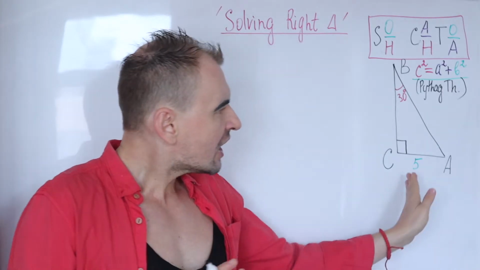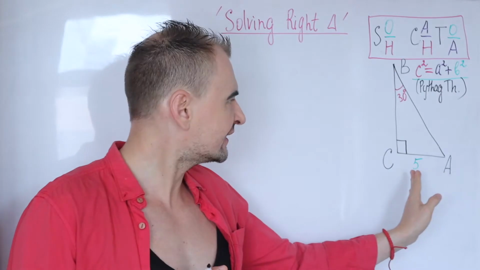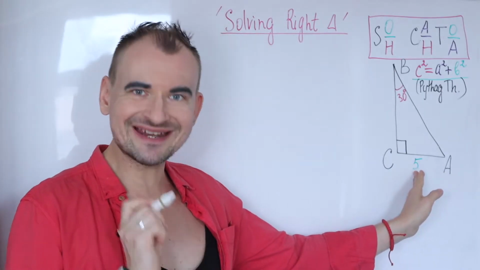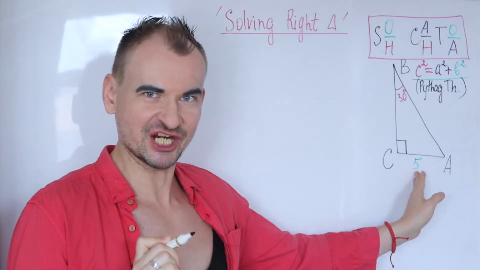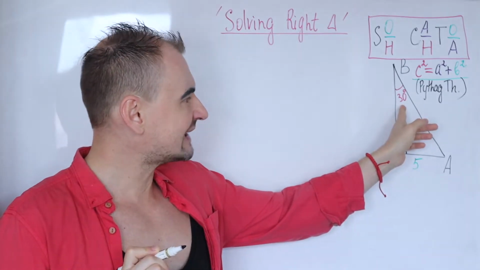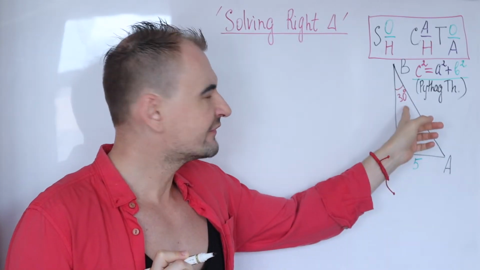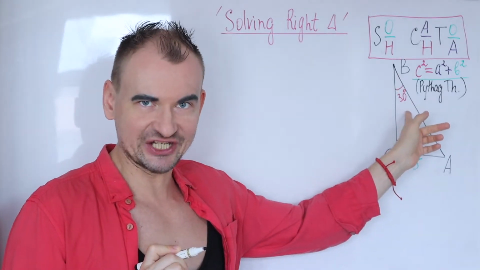Now, you're already given one of the sides of your triangle and it's 5. It's already labeled on your diagram. Also, you are given an angle, angle B or CBA, which is 30 degrees.